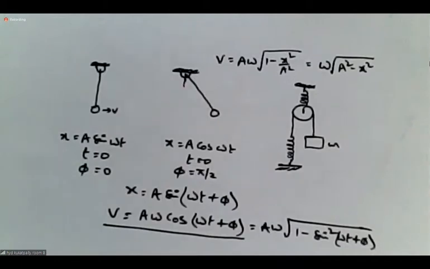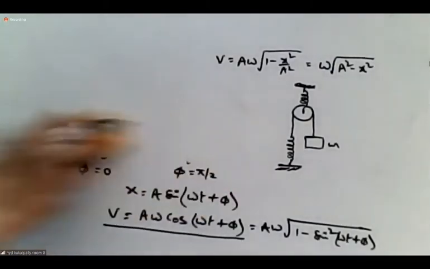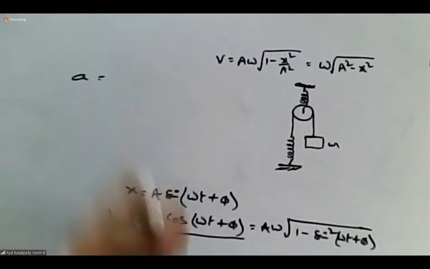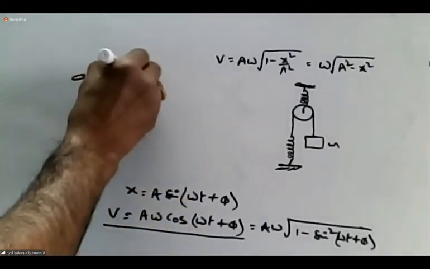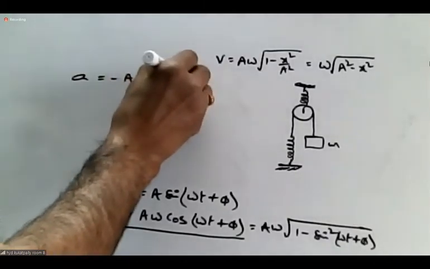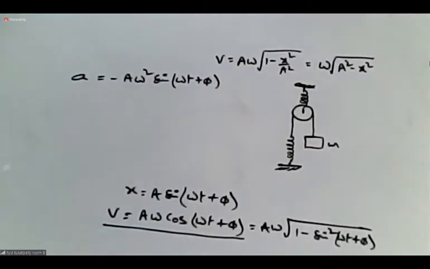But at the extreme point, acceleration will be maximum. How to find acceleration, sir? Acceleration a is the differentiation of velocity: minus a omega square sin(omega t plus phi).